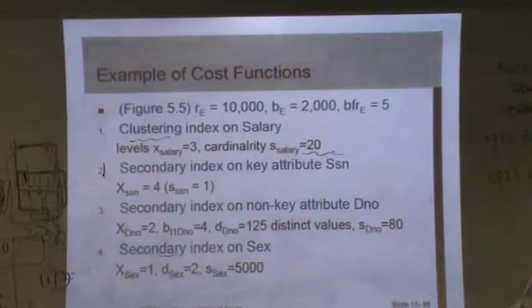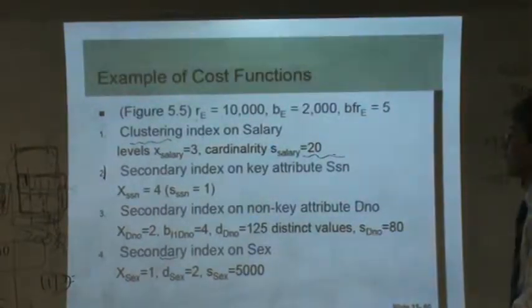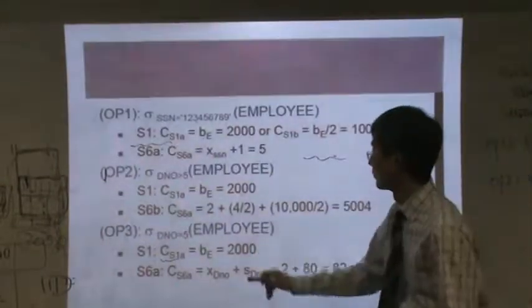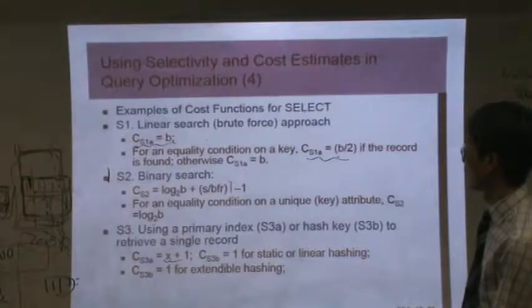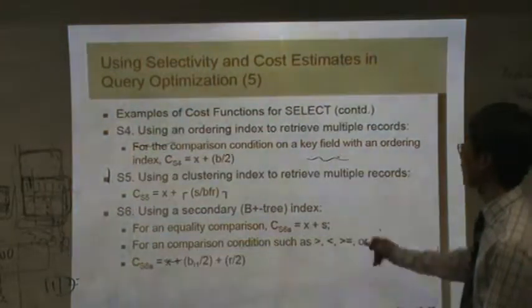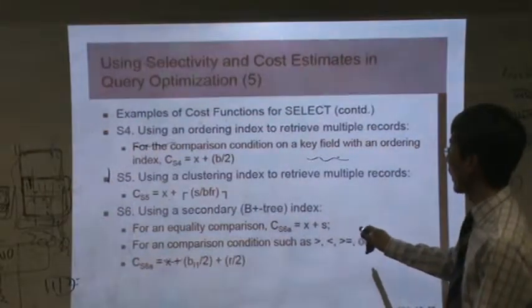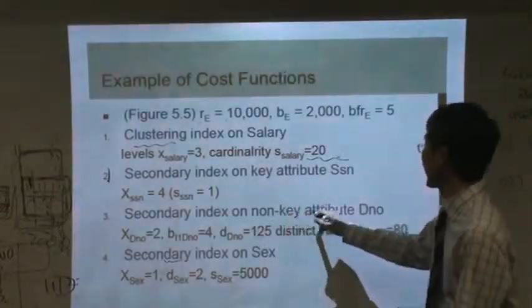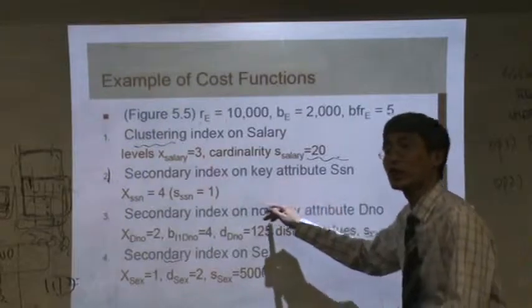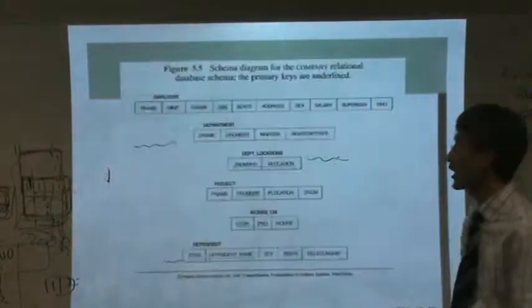That's this one. Okay. Then we can use which option? So cluster index. What kind of index is this? You need to check. It's a non-key, not a clustering index. It's just a non-key index, a secondary index.